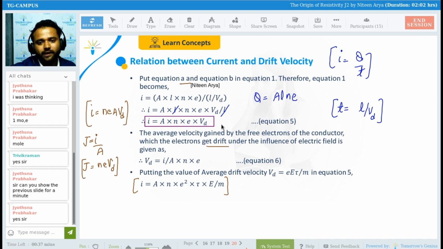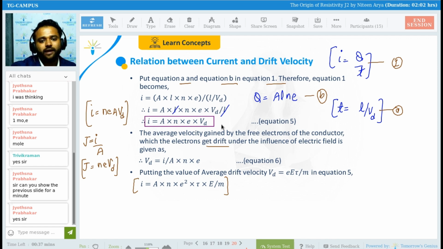Equation 1 is I equals Q by T, A is this, and B is this. That's why I write it separately here.